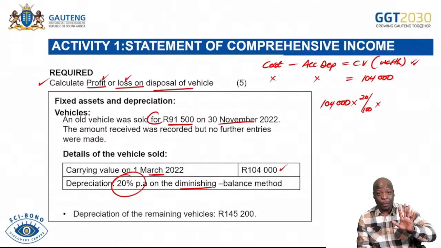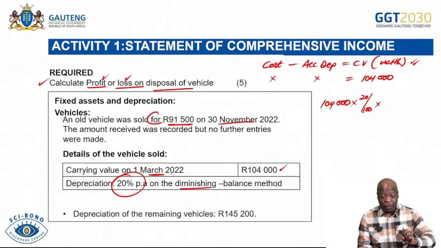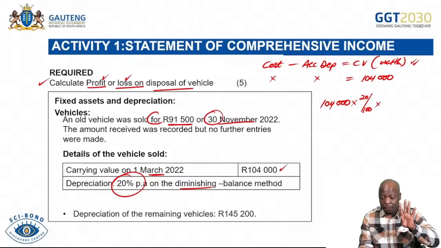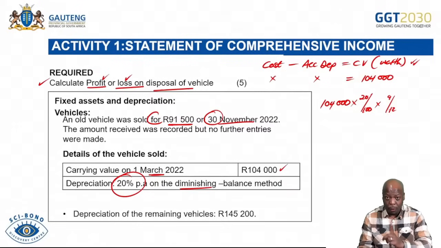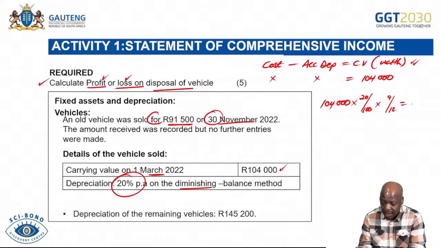Don't take chances tomorrow. Use your fingers. So we're going to count from March, April, May, June, July, August, September, October, November, because it's 30 November, so we count November as well. Multiply by 9 over 12. You still following me? Okay, let's go on. How much is that going to give us? Can I see your calculators, please?